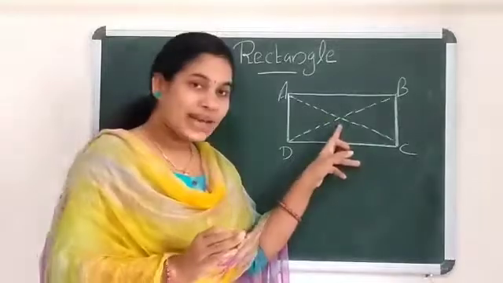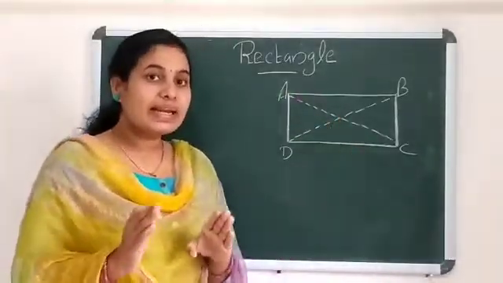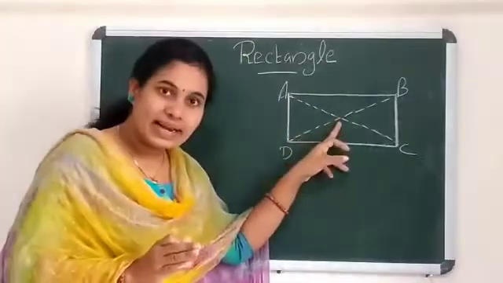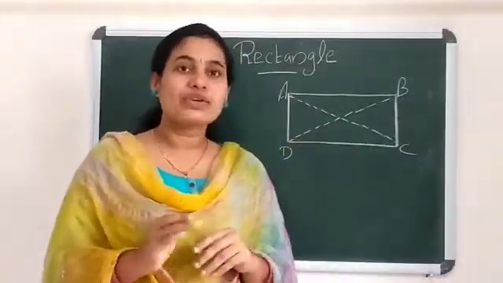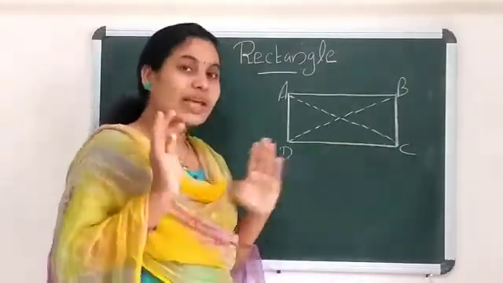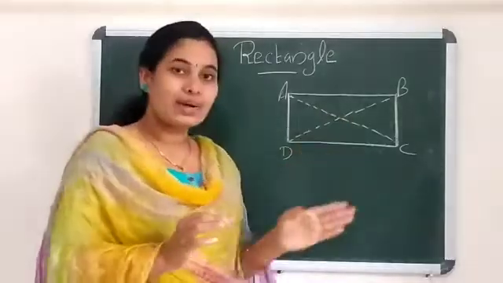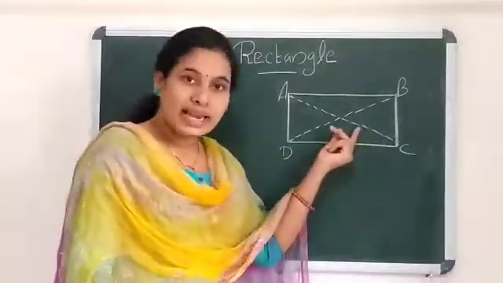Here you can see the two diagonals of this rectangle ABCD. Is there any speciality for these two diagonals? You know that for a parallelogram, the diagonals are of different length. But for a rectangle, you can see that the diagonals are of the same length. That is the important feature of a rectangle.